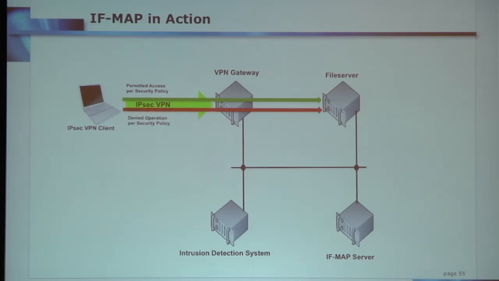After some time, the user may perform certain operations that are in violation of security policy. If these operations are not detected by the perimeter point products, eventually they will be picked up by, for example, a leak prevention system. So the intrusion detection system will pick up a security event and will then publish a security event to the IF-MAP server.